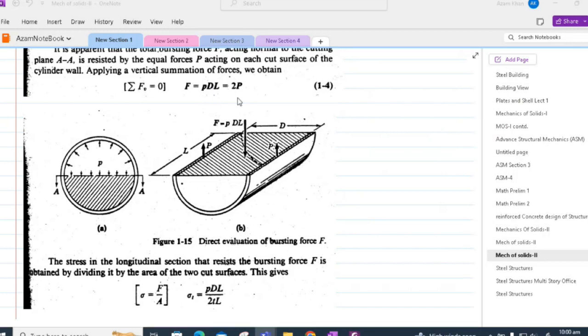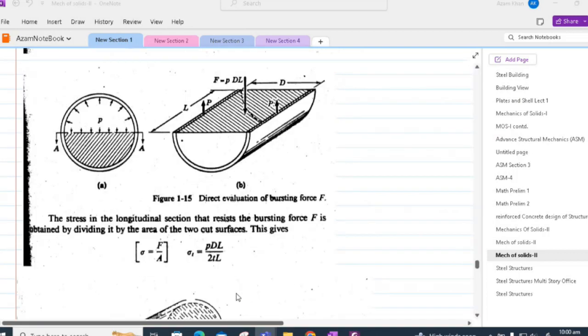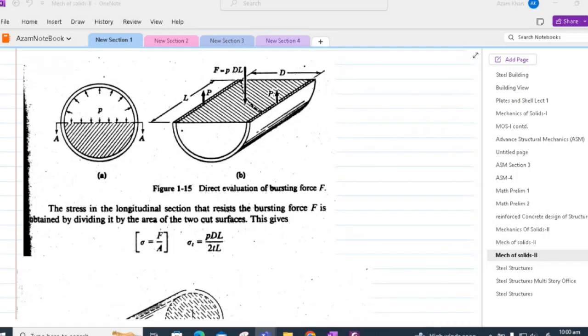Now, this P can be divided by the area of this cut surface, which is t times L, and we will get the stress in the longitudinal section that resists the bursting force F. This stress, called the tangential stress, would come out to be equal to p dL divided by 2tL.